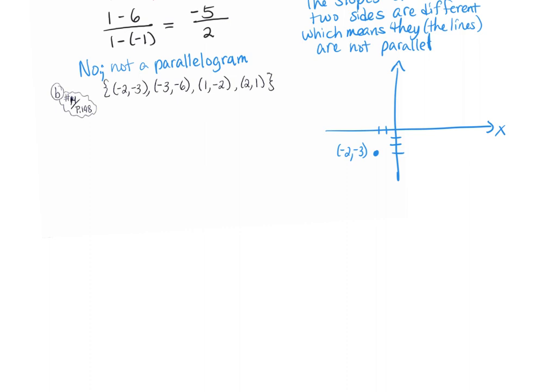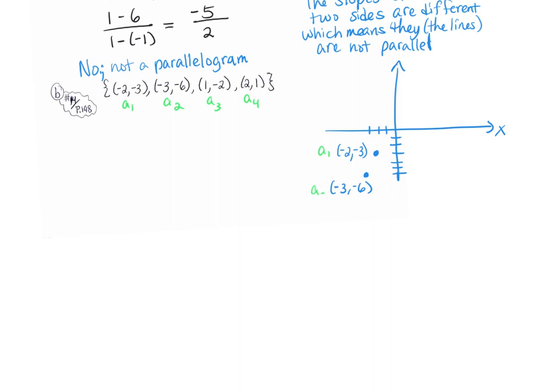Then we have -3, -6. Let's label them like we did before: A1, A2, A3, and A4.